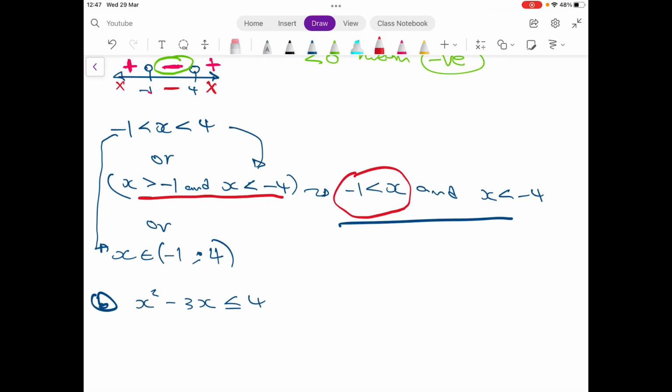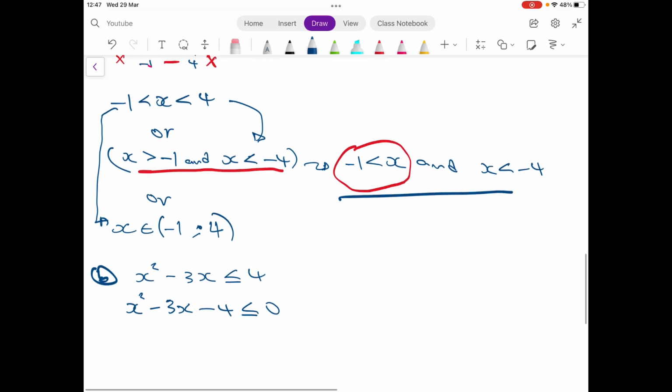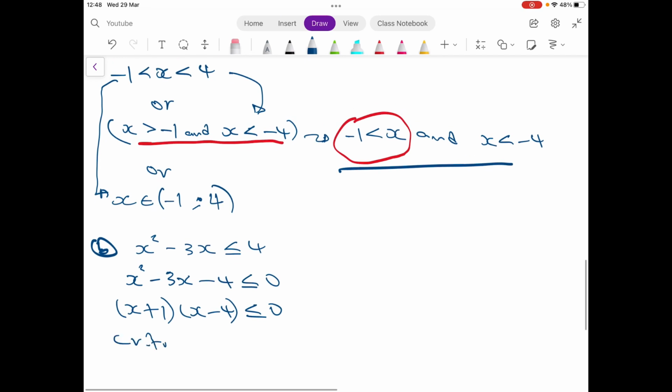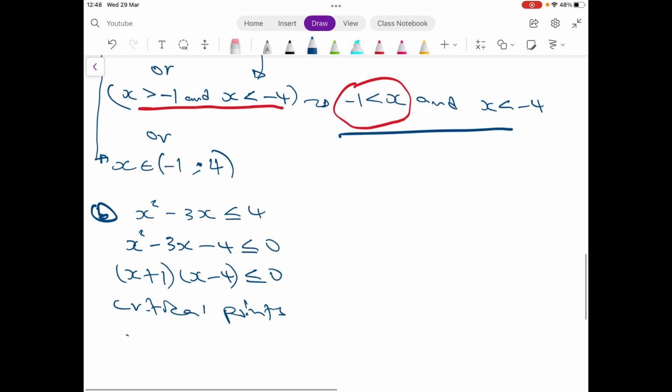We're just going to move this 4 to this side, and then we have 0. We still know the factors: x plus 1 and x minus 4, less than or equal to 0. Then the critical points are still the same: x equals negative 1 or x equals 4.